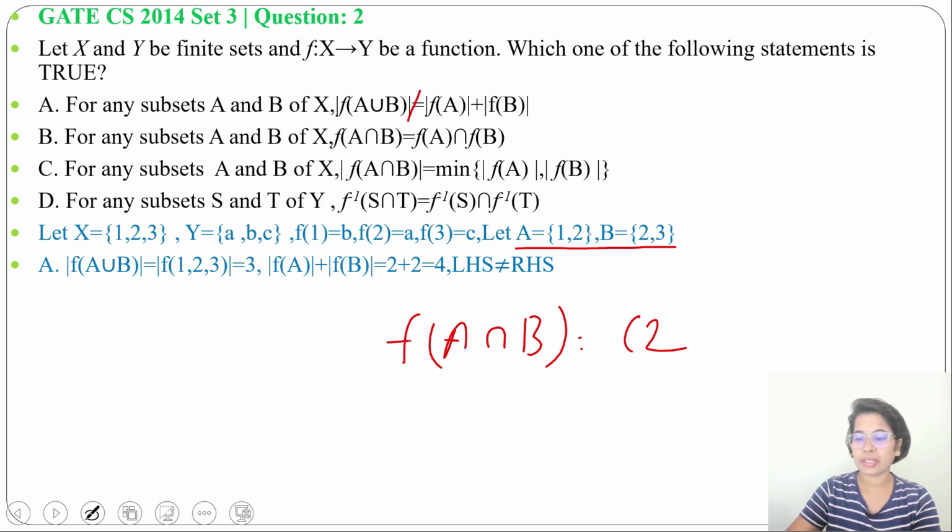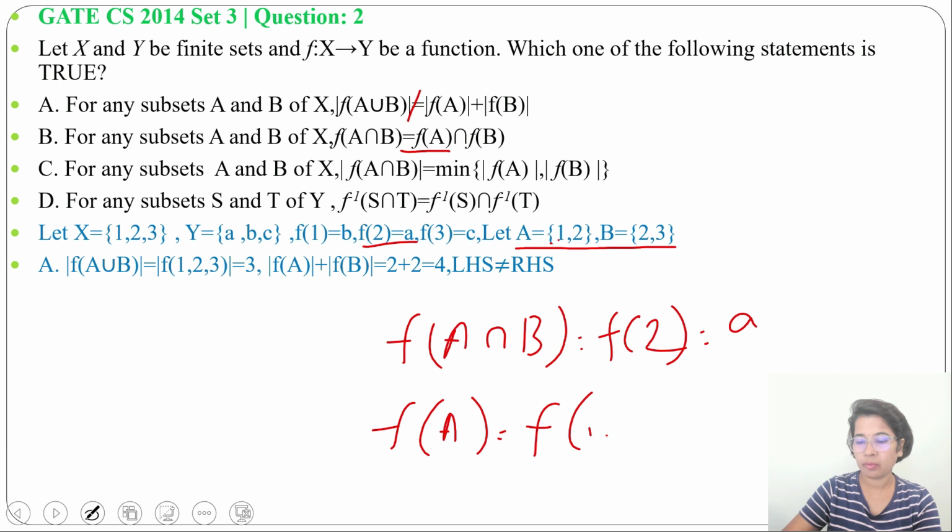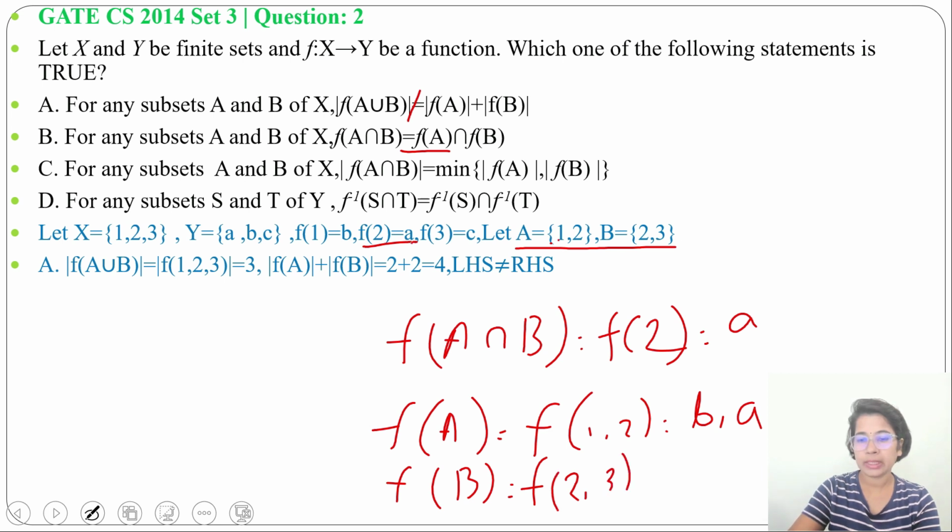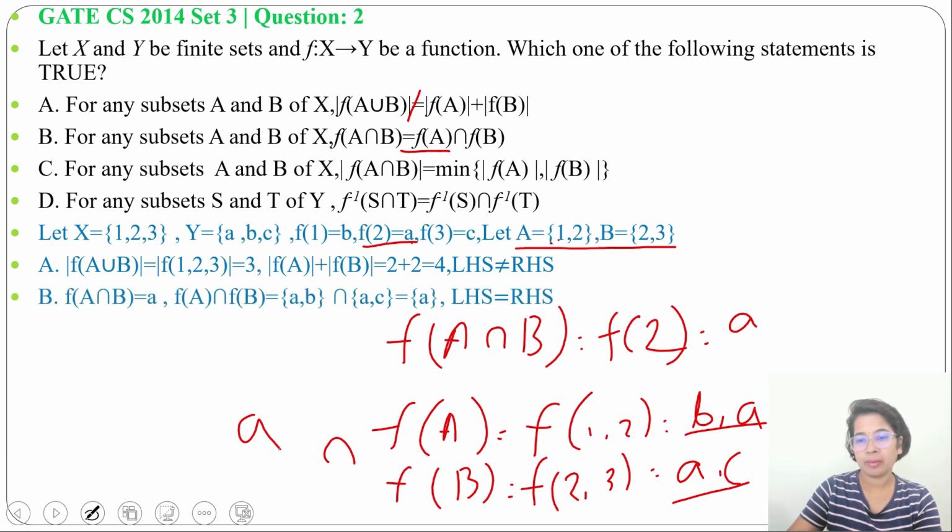Now f(A ∩ B) is f(2) = A. Now find f(A): A contains 1, 2, so f(1) and f(2) are B and A. Then f(B): B contains 2 and 3, f(2) is A and f(3) is C, so A and C. The intersection of {B, A} and {A, C} is A. So here we got the same for both LHS and RHS.